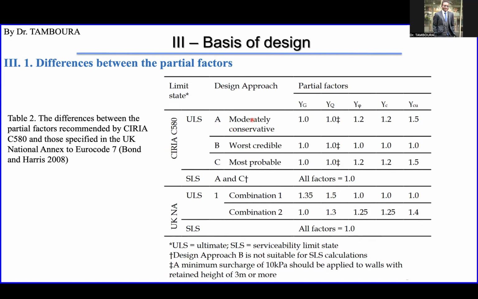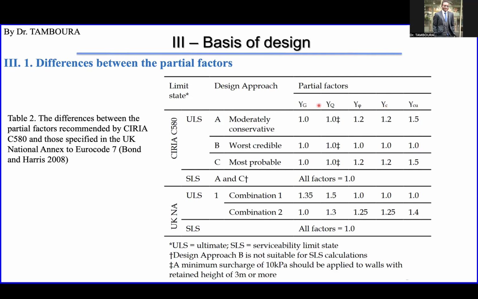So you can see the traditional design. They have 3 approaches: A, B, C. A is for moderately conservative, worst credible, and most probable. So you have the value for partial factors for G, K, all of them.